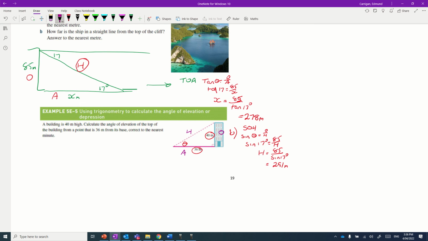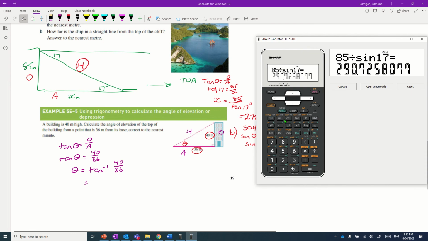So we're simply going to have tan theta equals O on A. So tan theta, we substitute in those values, 40 on 36. Theta equals tan minus 1, 40 on 36. If I come across here, put that in my calculator.